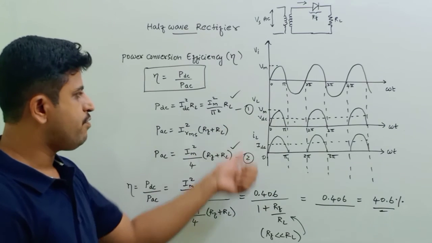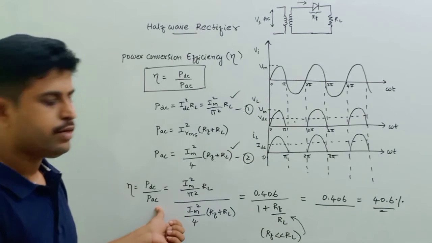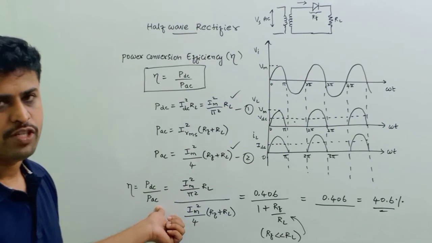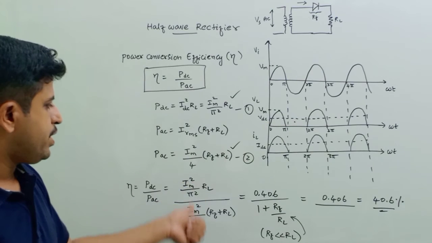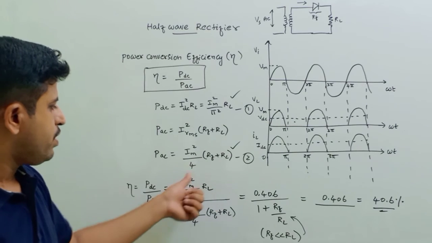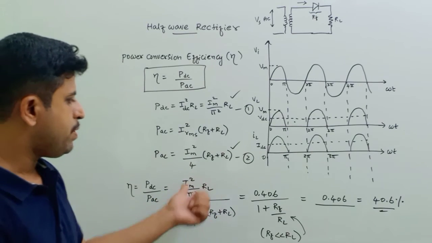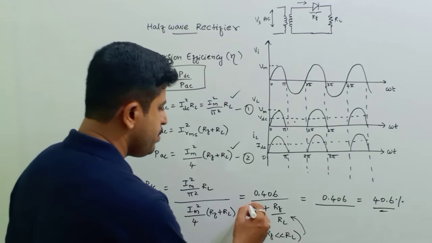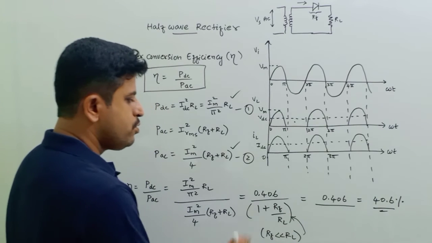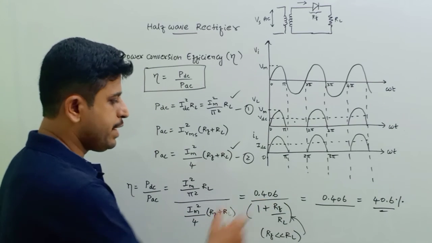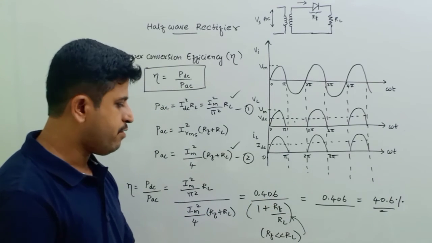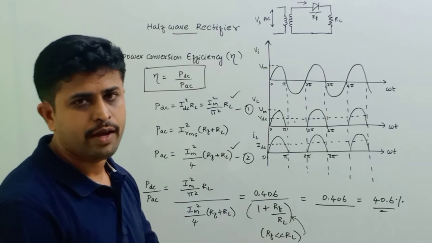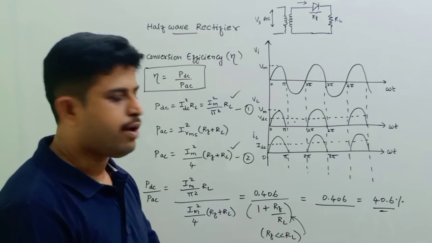Now using equations 1 and 2 to calculate the power conversion efficiency, we divide these two, and then we mathematically simplify this. This gets reduced to this expression here. Once it gets reduced to this expression, we know that Rf, the forward resistance of the diode, is far less than RL.